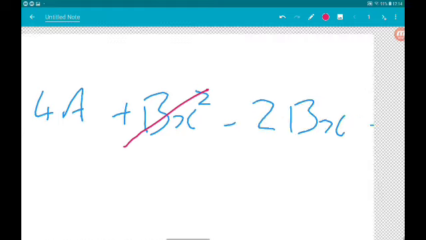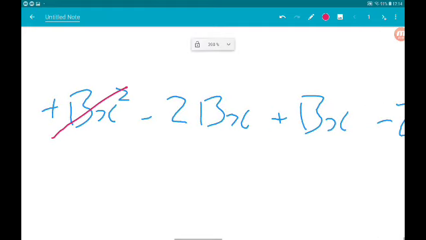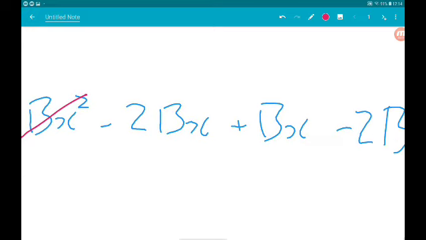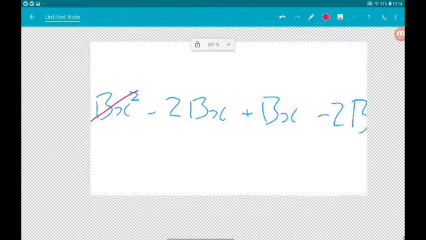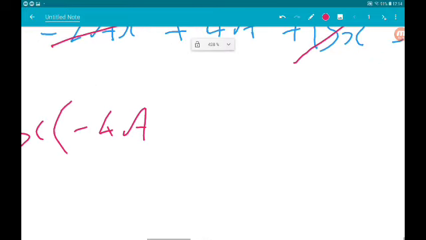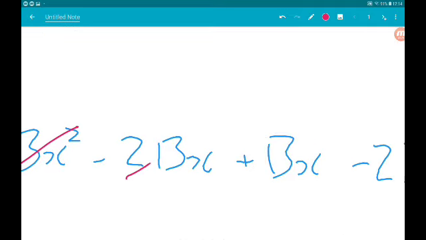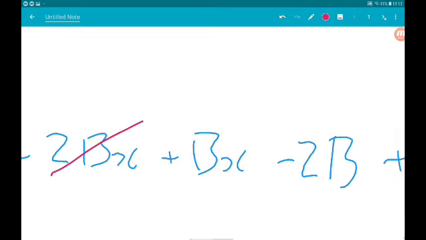And then we got minus 2Bx, and then plus Bx, so that's minus 1Bx.